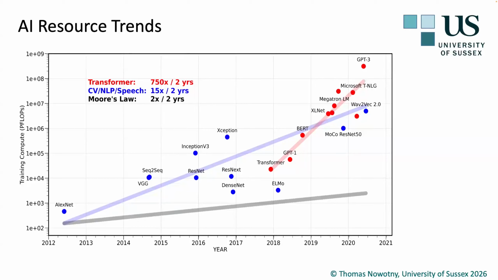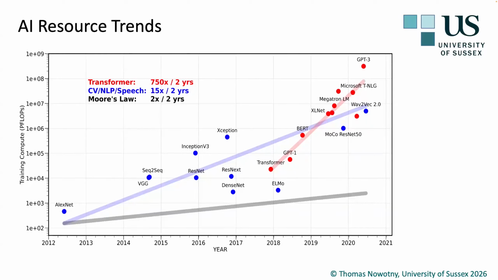And if you then multiply that by 750 times every 2 years, and this was some 4 years ago already, we had like 1,500 times more energy use in the most modern models at this point already. So this is becoming very, very quickly unsustainable, to the extent that there's news now that Elon Musk wants to build AI data centers in orbit on satellites. It's becoming completely crazy, to be honest.